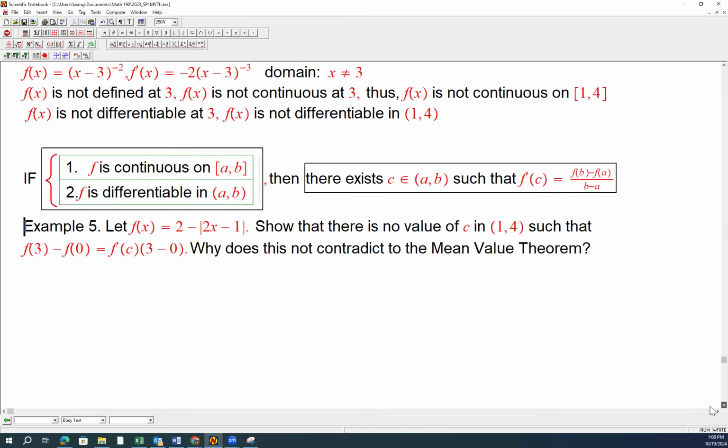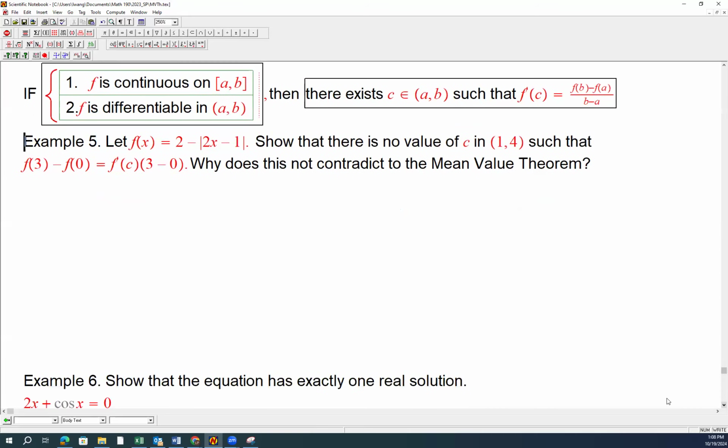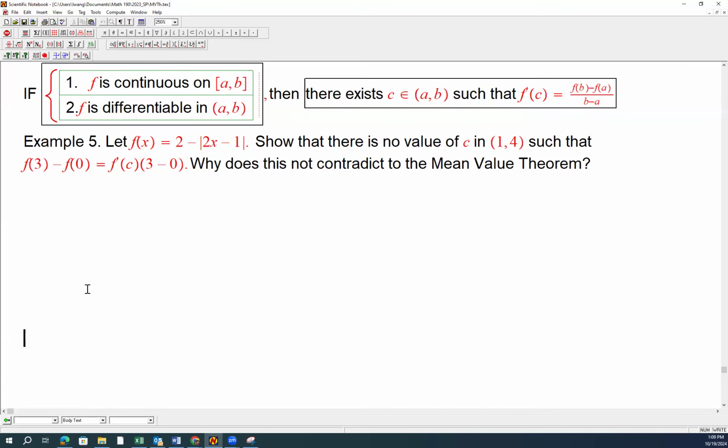Obviously, it's a different situation, but the consideration may be similar. In this question, we are considering x in this interval.